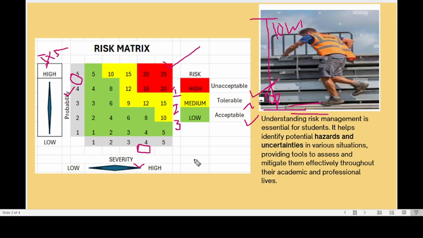Risk is equal to likelihood times consequence. We take 5 as likelihood and we took 4 as consequence, which is equal to 20.